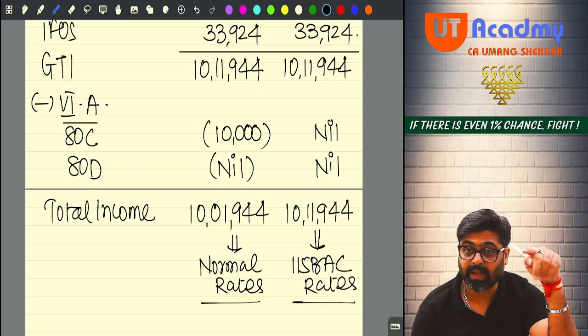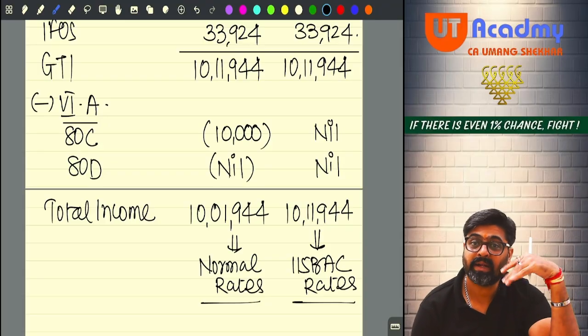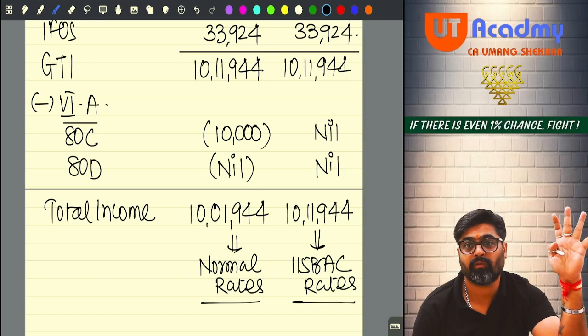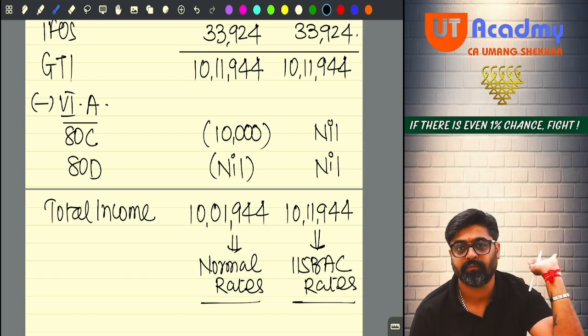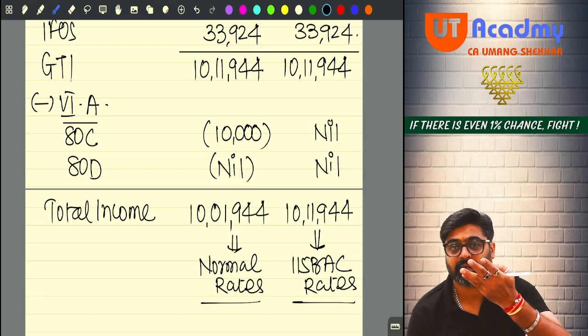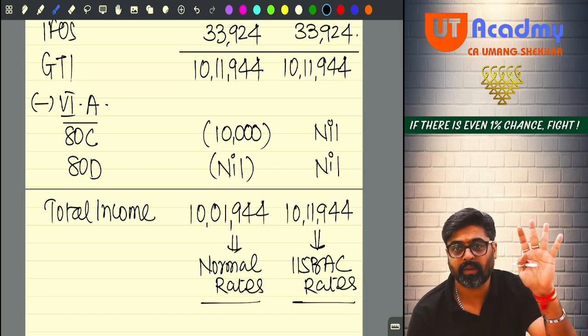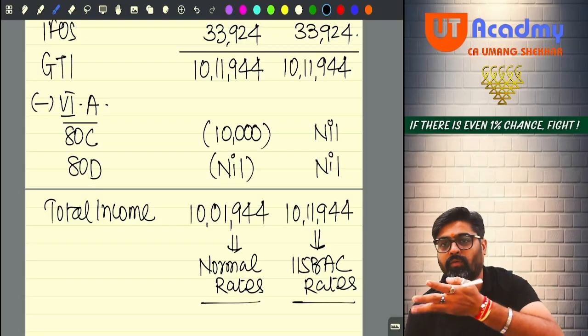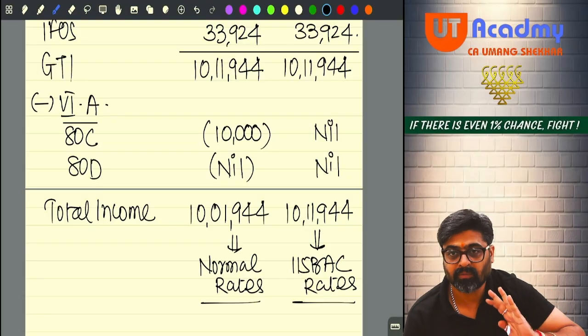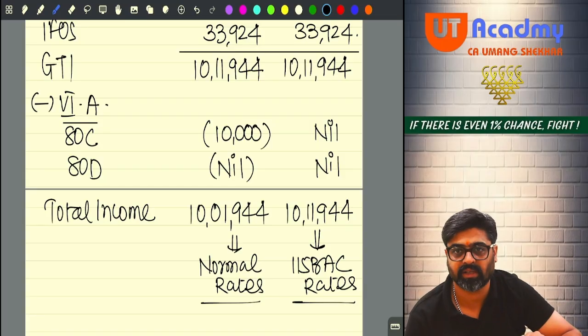Now I will apply the tax rates and see. If my tax is less in 115 BSE, I will follow 115 BSE, as that will be more beneficial. But if my tax is higher in 115 BSE, I will follow normal. For that, I need to calculate the tax also, to know which is the most beneficial.